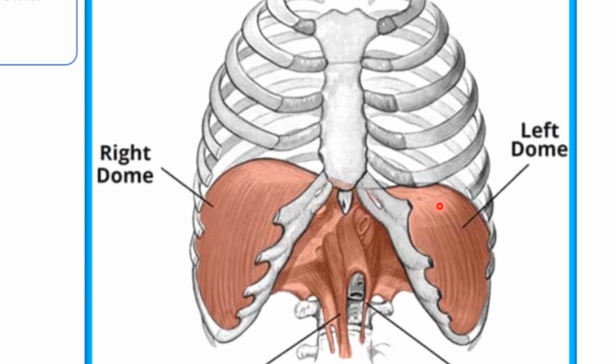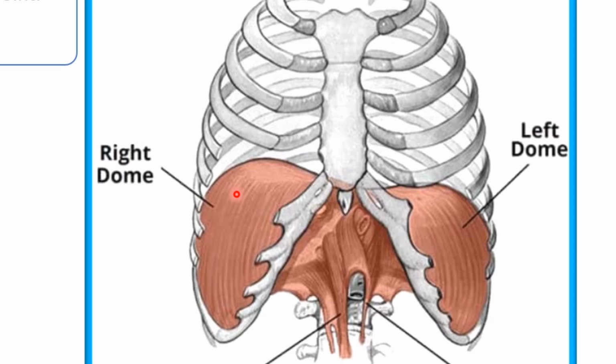By this, it is clear that the right dome of the diaphragm is at a higher level than the left dome. And this is as a result of the liver that is lodged immediately below the right dome part of the diaphragm that actually gave rise to the higher elevation of the right dome than the left dome.